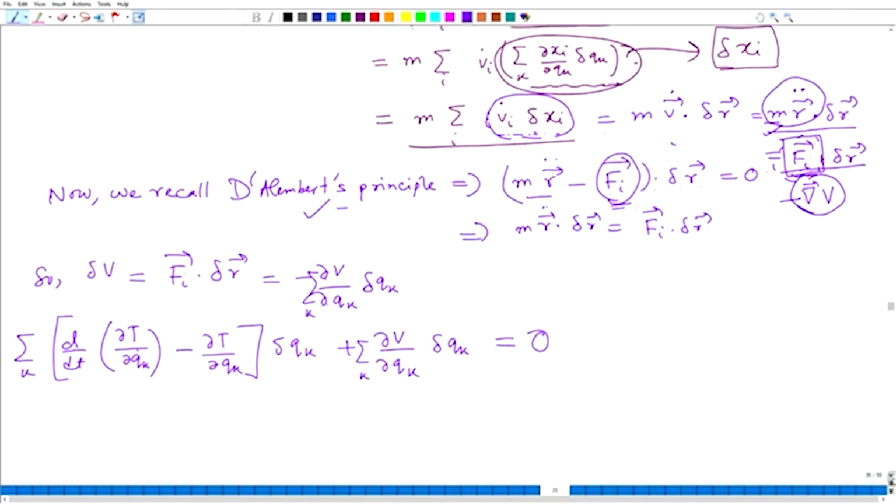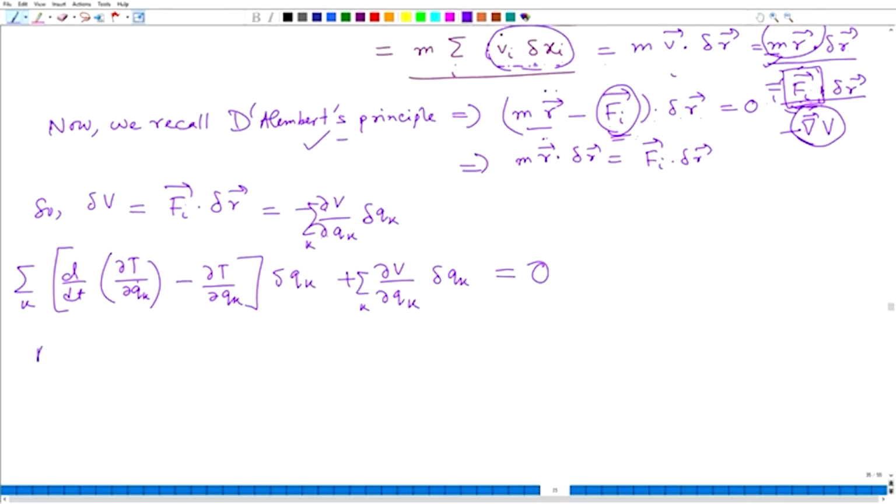Okay. I can now suppose, assuming V is a function whose only dependence is on q's and t, okay, del V del q k dot is equal to 0, and that is why you can say d/dt of the whole thing is 0.